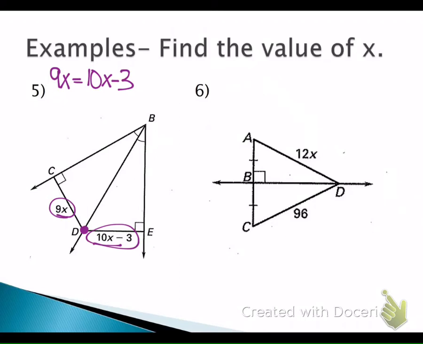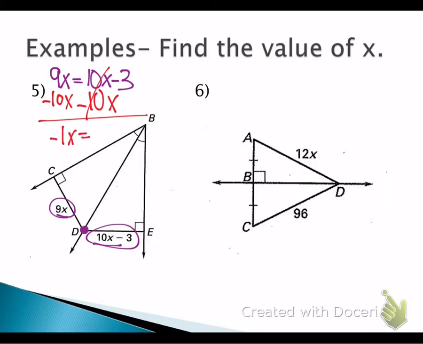Now I have x's on both sides. These are getting a little trickier. What do I do? You tell me. You either add 10x or subtract 10x. Where's the thoughts from the back? Yeah, you got to undo the positive 10x, so you got to subtract it. You could do minus 9x. You just end up with nothing, and then you'd have to add the 3. It's one extra step, which isn't a big deal.